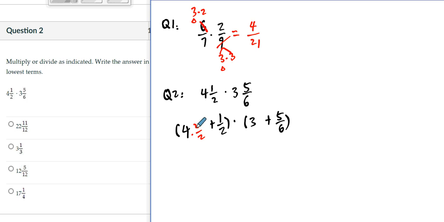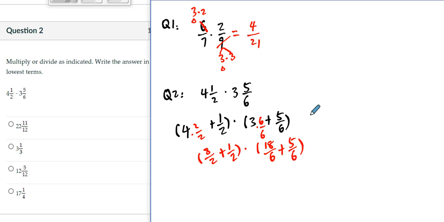Then you only do 2 times 2, which gives you 4, over 2, plus 1/2. And here, the same thing, you want to do 3 times 1, and 1 is 6 over 6. So 3 times 6 gives you 18 over 6, and then 5 over 6.